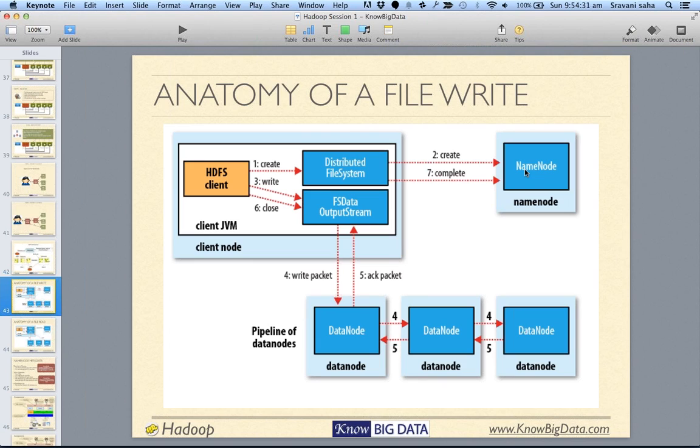The name node tells it that we have these data nodes, can you write your first block on this data node, your second block on this data node, and your third block on this data node, and so on. So it informs the client what to do, and once you are done, please come back and inform me. So the HDFS client does exactly that.